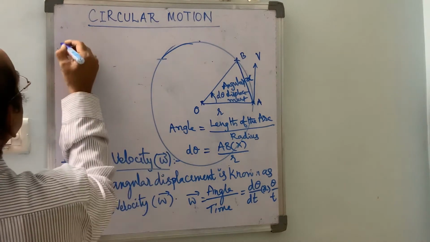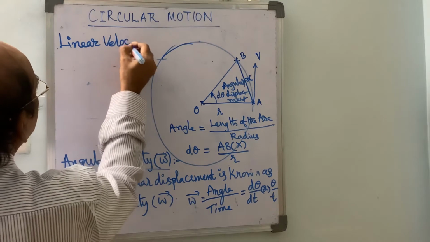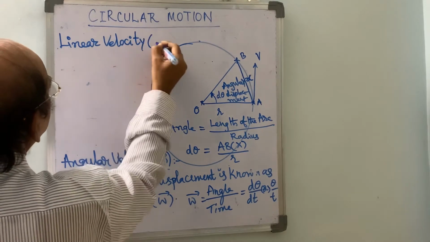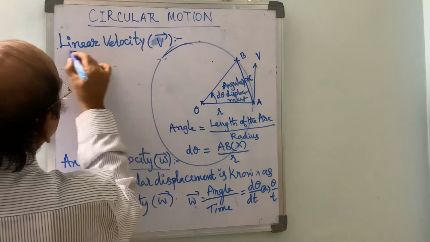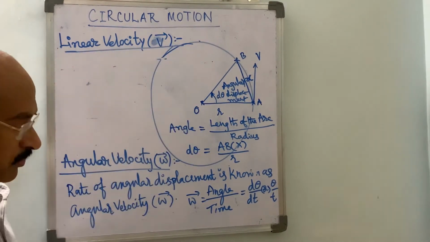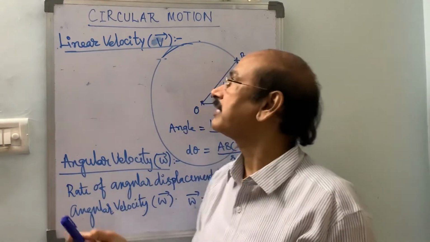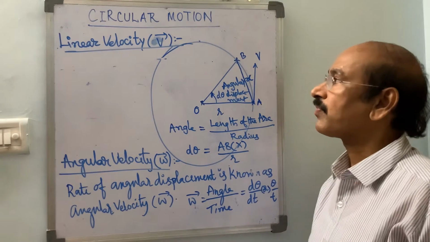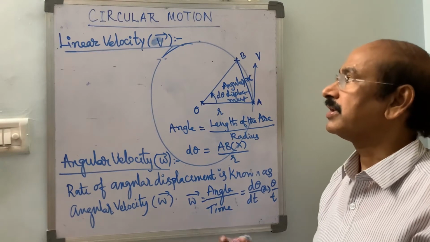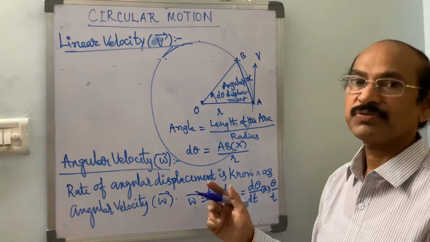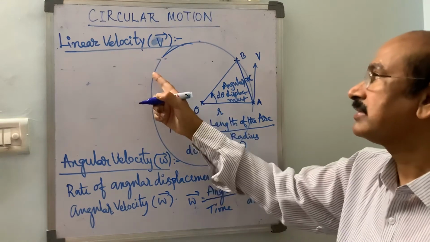Now linear velocity. It is denoted by v bar. It is a vector. So we know that velocity is defined as the ratio of change in displacement by time. Therefore, the rate of displacement is known as linear velocity.